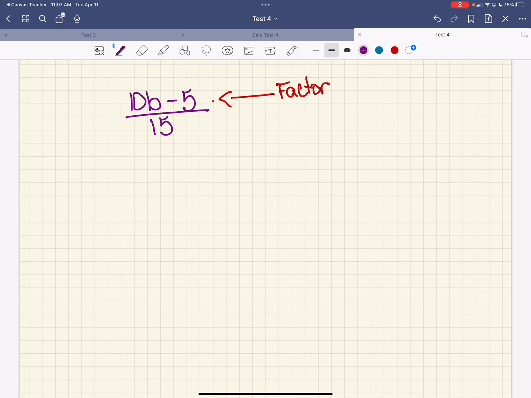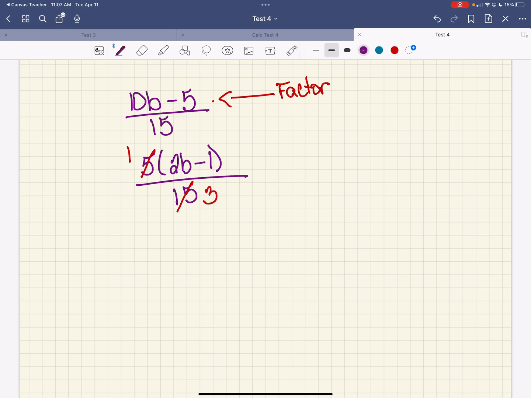So I'm going to factor out a 5, okay? So I have 5 times 2b minus what? 1. Then I have 15 in the denominator. So my 5 becomes 1 and my 15 becomes what? 3.